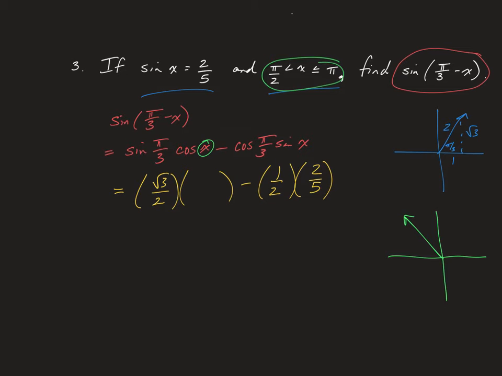Maybe I now go back to what I've underlined in blue. My sine x is 2/5, and so I can now drop in my altitude, opposite over hypotenuse. Hey, I have two sides of a right triangle. I can find the third using the Pythagorean theorem.